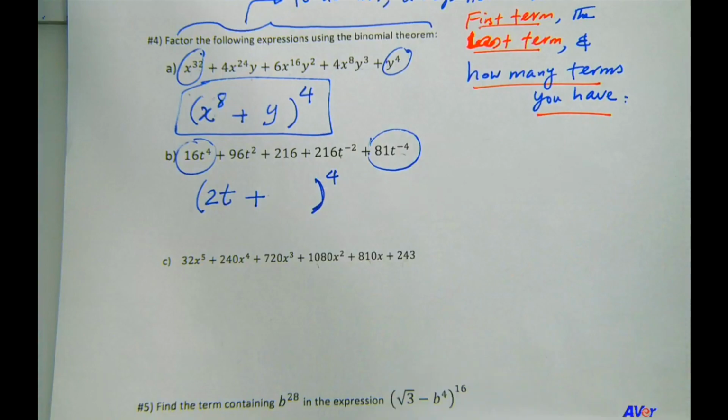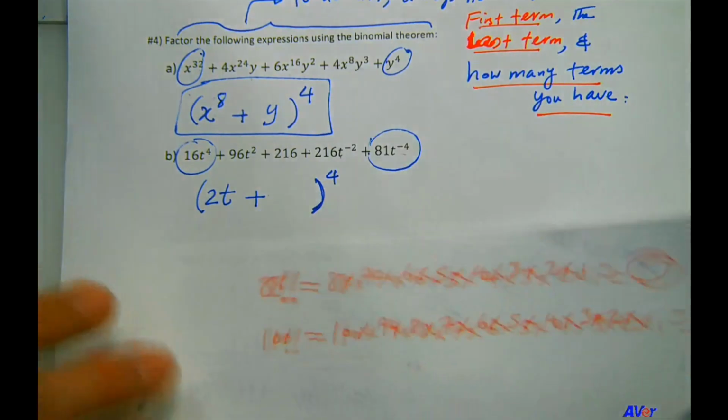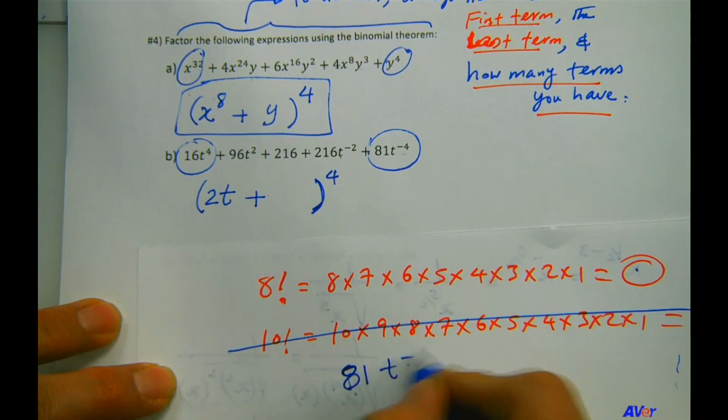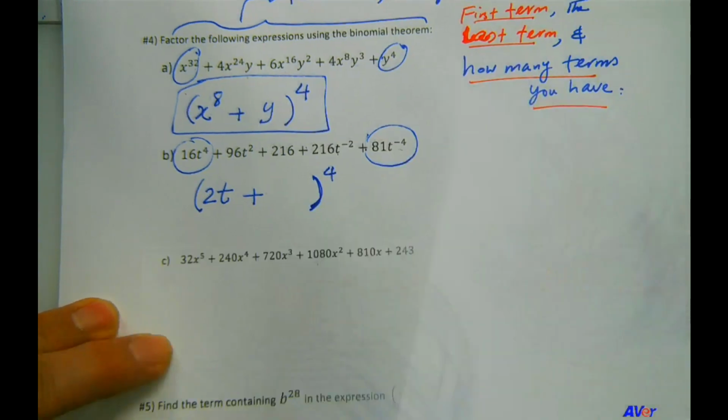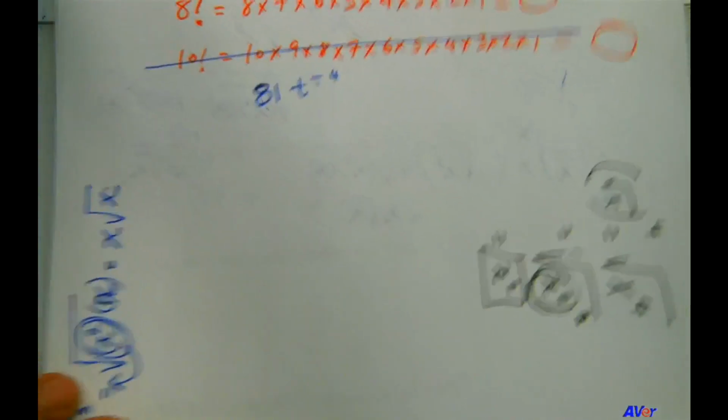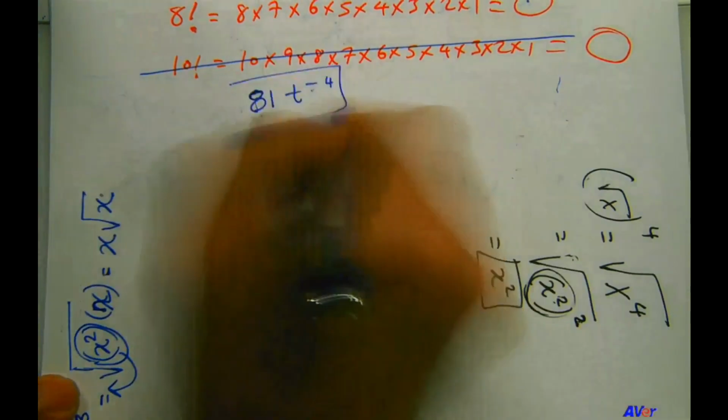So let me use my scratch paper here, if you don't mind. So 81t to the negative 4. So I'm using this as a scratch paper. Sorry if it's missing. But we have that, right?